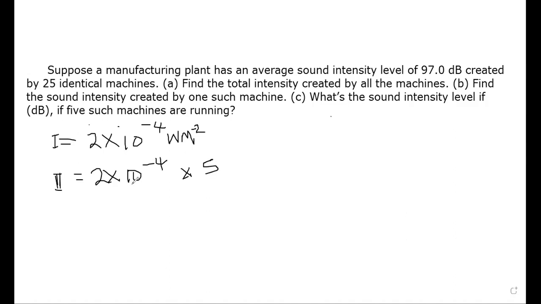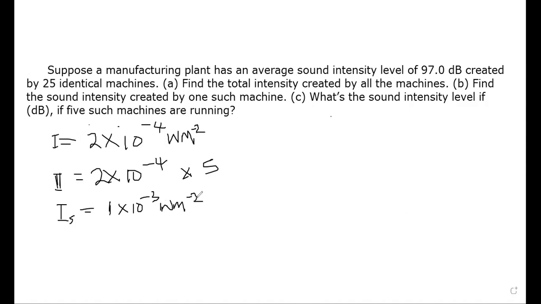And this would give us I for 5 machines equals to 1 times 10 to the power minus 3 watt per meter square.